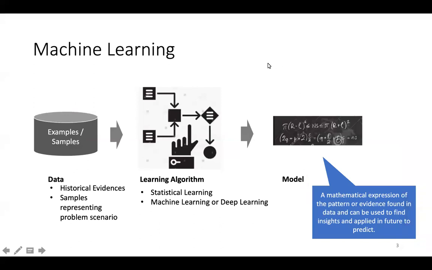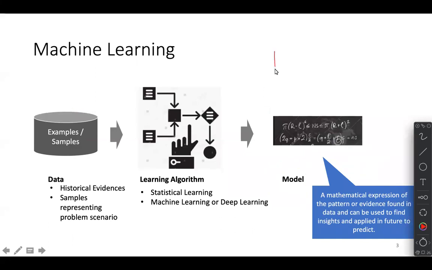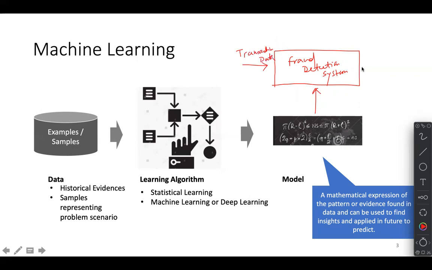So going back to the previous slide, if you have a fraud detection system and you learn from the data, this model would be fed to the detection system, and when you get a new input, new transactions data, this will actually predict whether it is a fraud or not a fraud.